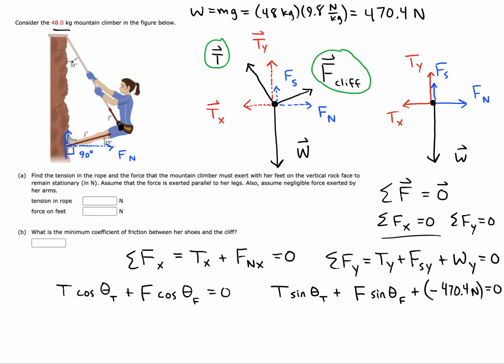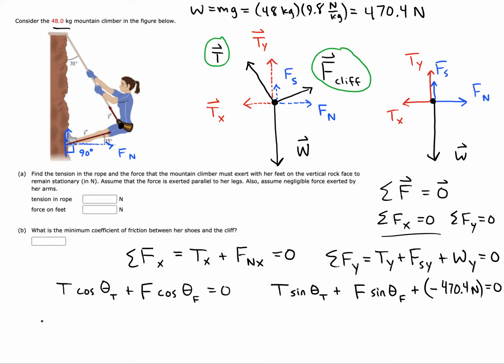They did give us some angles, which is nice. We'll make this T cosine of the rope angle. This is not a standard position angle though. Okay, so the vector points up and to the left, which is second quadrant.